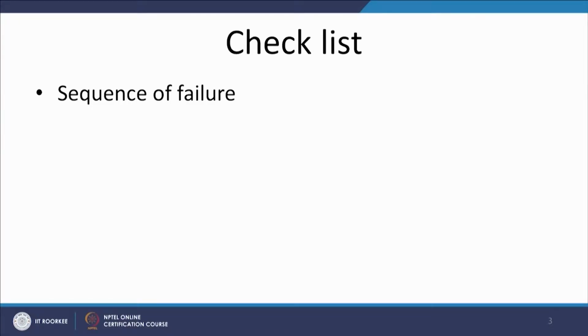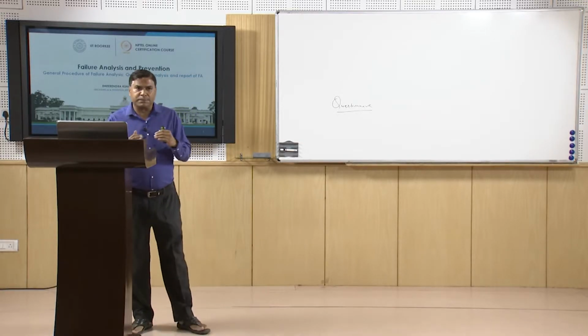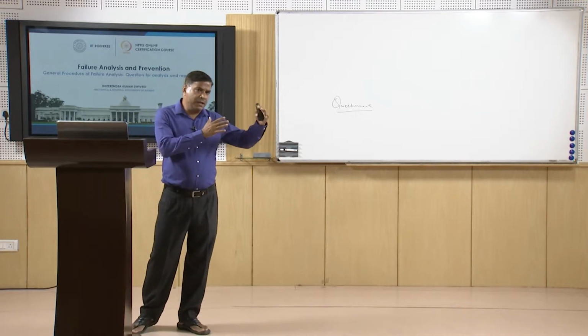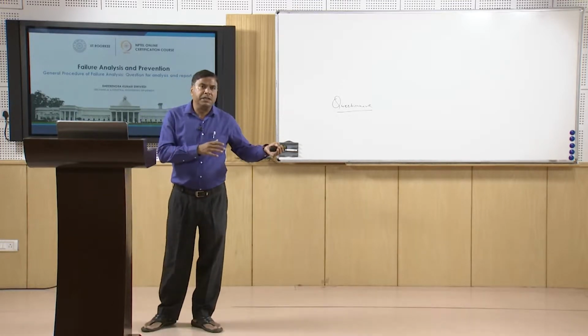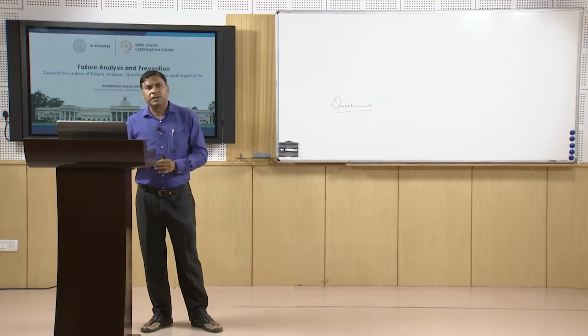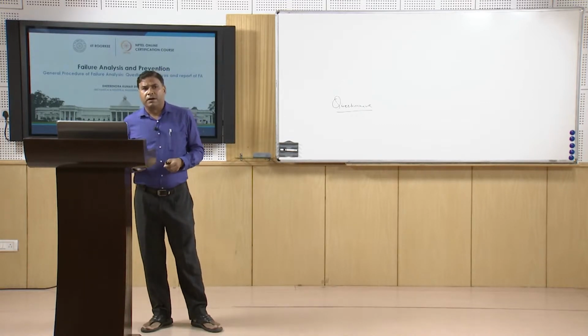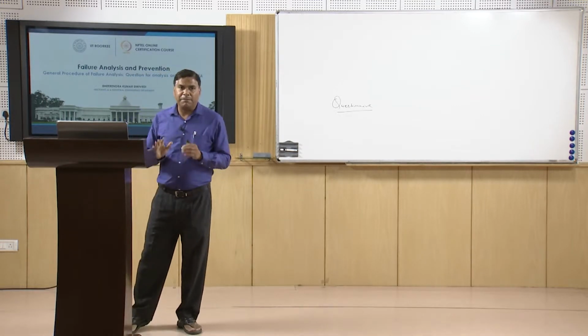The first thing is that we need to ask if the sequence of events which have led to the failure has been established or not, and if not, then what information needs to be gathered additionally, so that the sequence of events which have led to the failure of a particular component can be established.